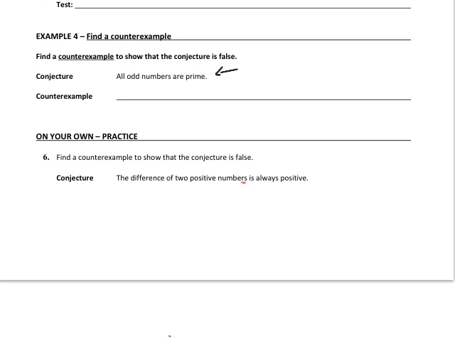So a counterexample proves a statement is not always true. It can be a conjecture, but it's not necessarily something that is correct 100% of the time.